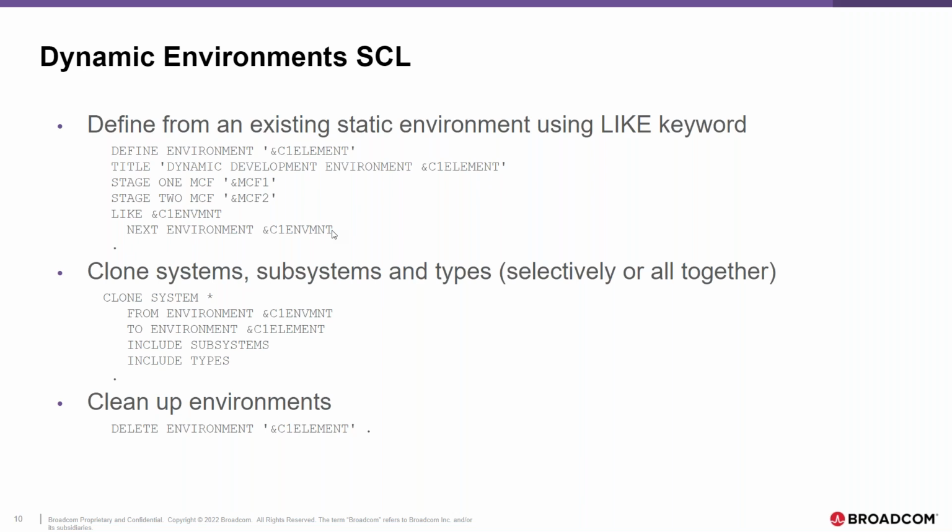I want to point out that you don't have to have the next environment specified. For instance, if you're defining a parallel dynamic environment where the next environment is the same, in that case, you don't even have to specify it. So the next environment can be a dynamic environment or a static environment, whatever you want. Yep, exactly.